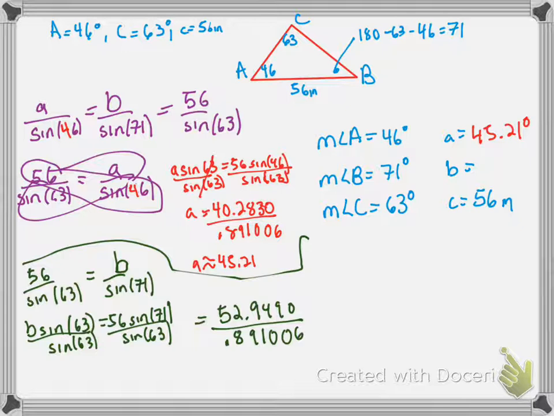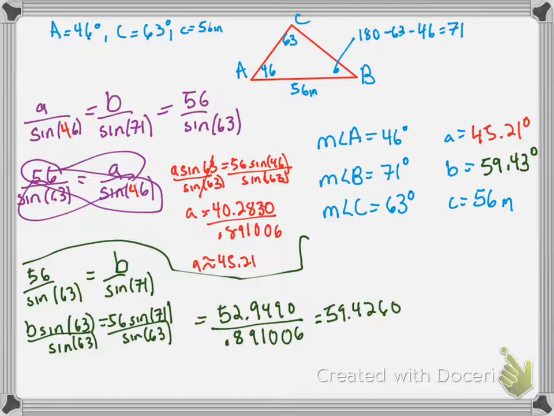Now put it all in my calculator. 52.9490 divided by 0.891006 is 59.4260. So B is 59.43 degrees.